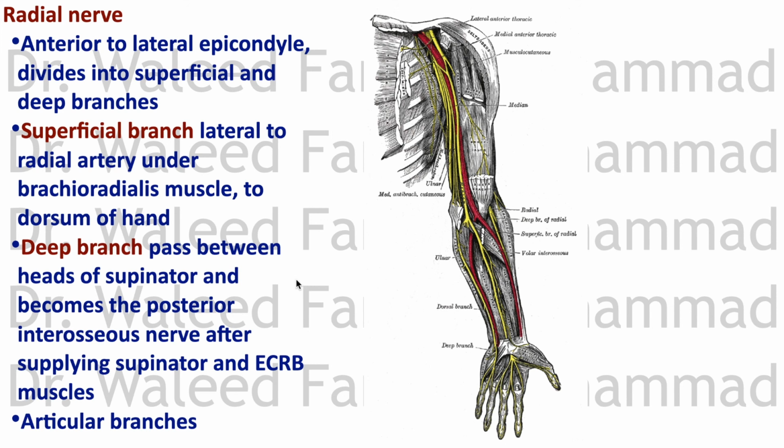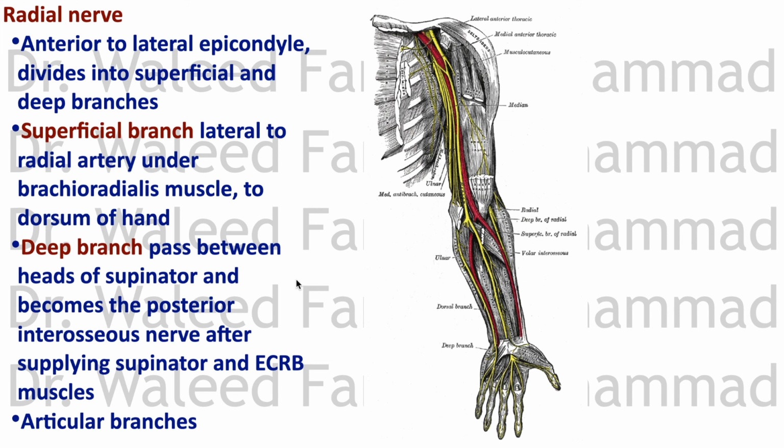Please, they stress on this info in the exams. So the deep branch of the radial nerve supplies the supinator and extensor carpi radialis brevis. The posterior interosseous nerve supplies the rest of the extensor muscles.